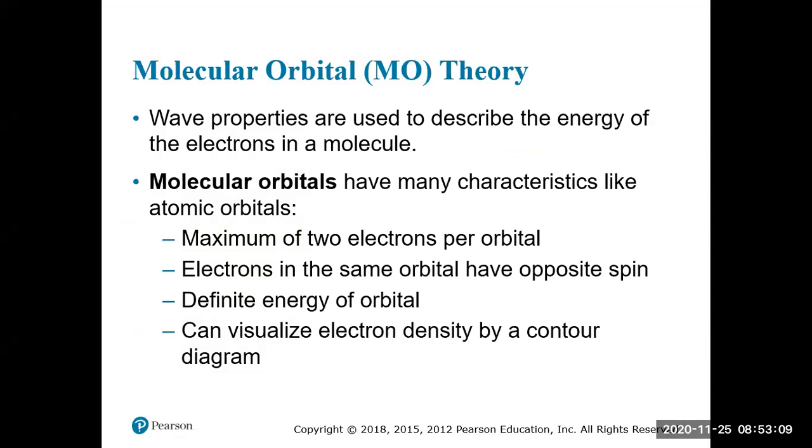Okay. We started talking about molecular orbital theory on the last lecture, and I felt like I was getting a little rushed on that. So I wanted to go back and start from the beginning on the molecular orbital theory. Up until now, we've been talking about orbitals in terms of the atoms themselves.